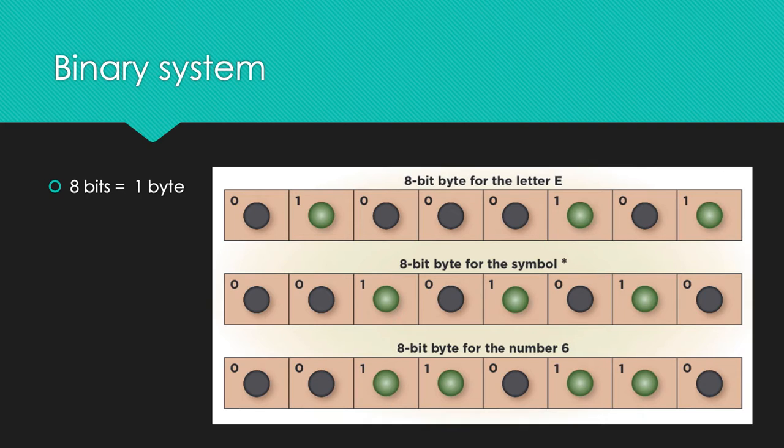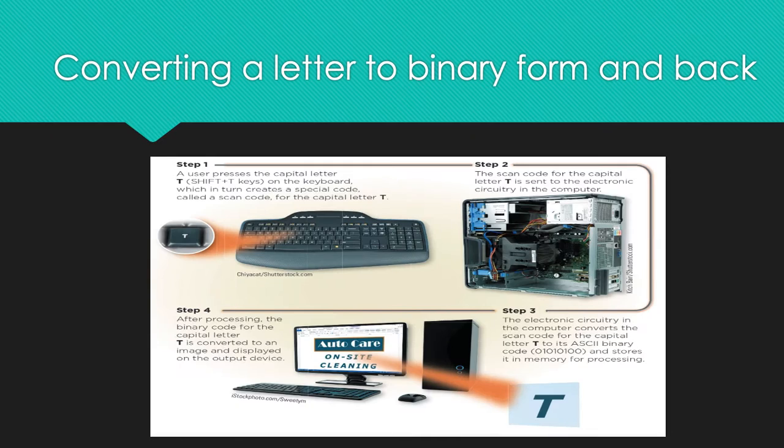So in the event, let's say somebody types on a computer, here for example a shift key, the system will convert the shift key to binary, and then it will send it to the PC to be processed, and then it will be converted and displayed onto the screen.